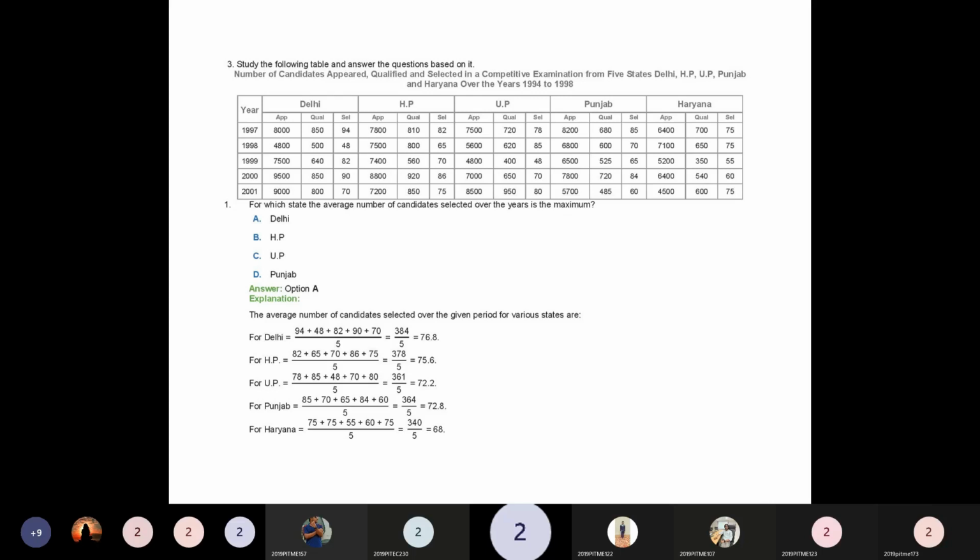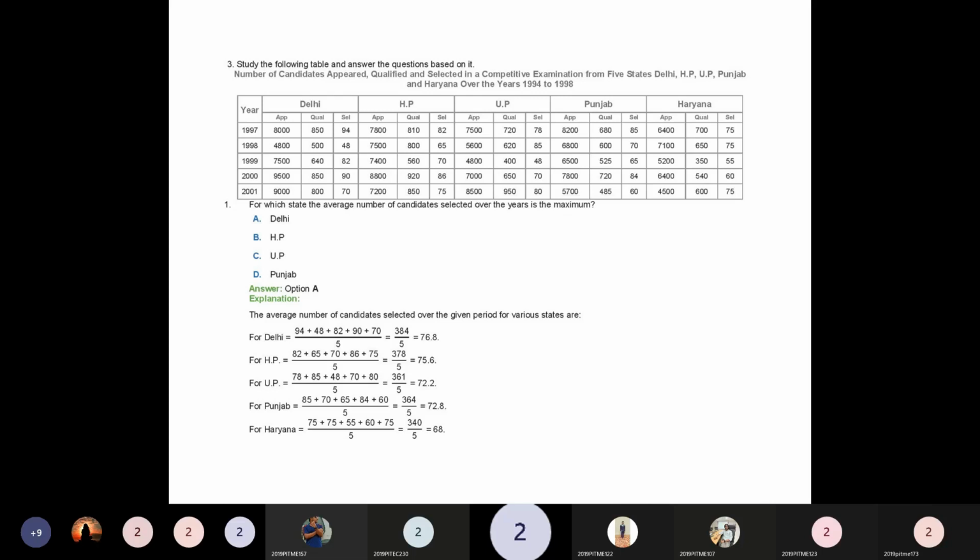The first question: for which state is the average number of candidates selected over the years the maximum? So you take only the selected candidates in all 5 states and get the percentage of selected students.